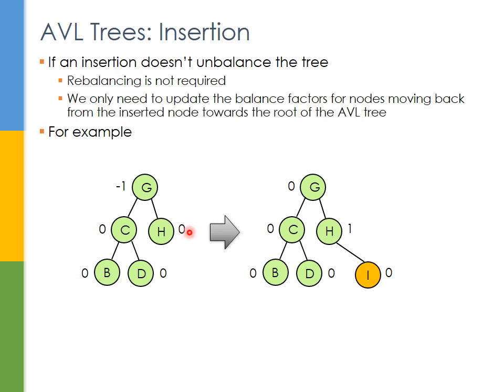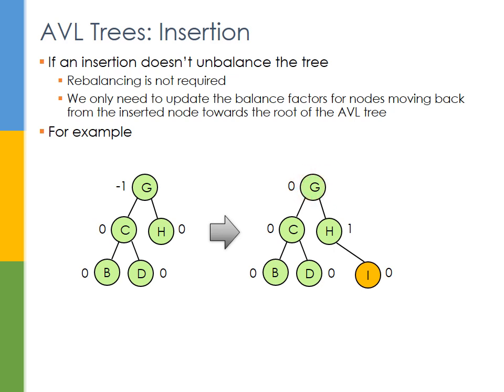So we saw that the balance factor was 0 to begin with because H was a leaf node, so therefore we need to increase this value by 1, giving us a positive 1 balance factor for node H. We then move on to the parent of H, which is the root node G at this point.